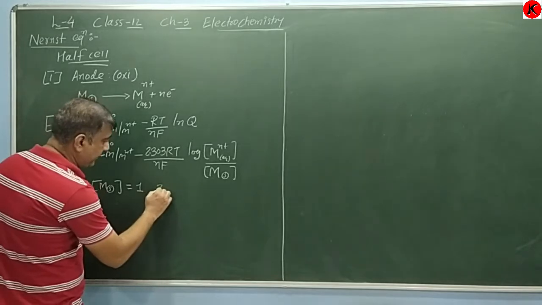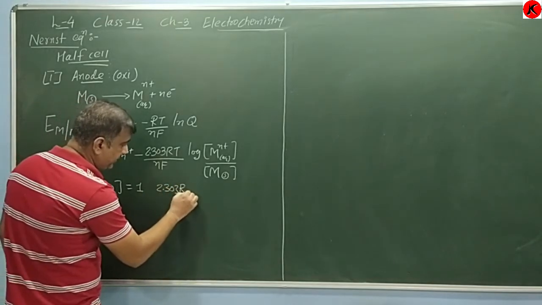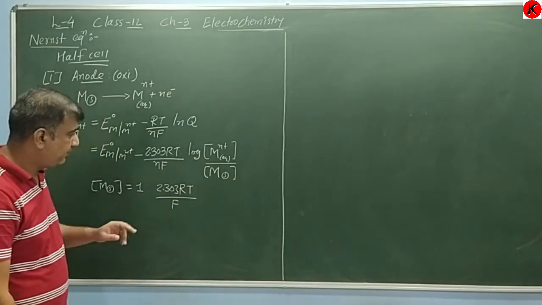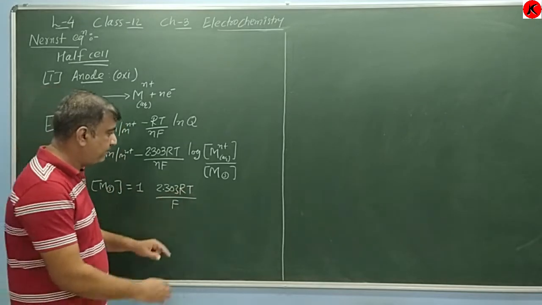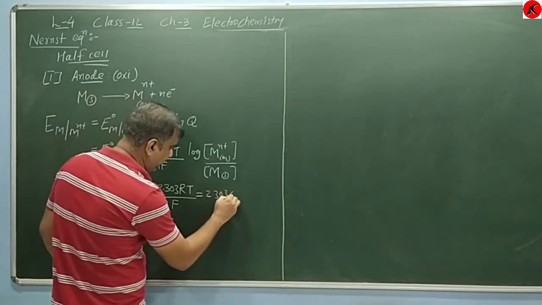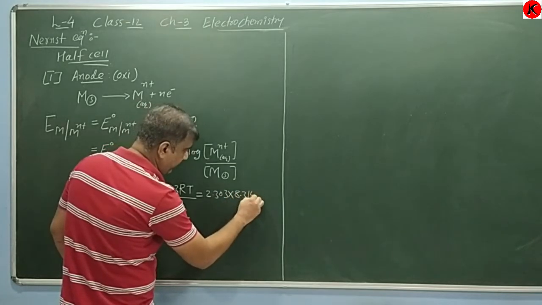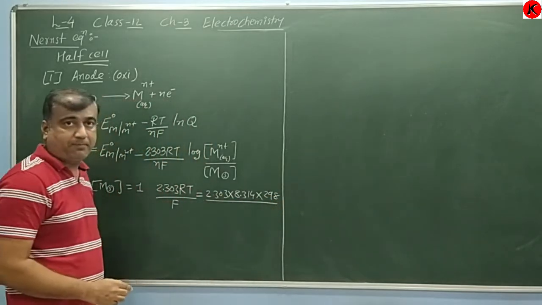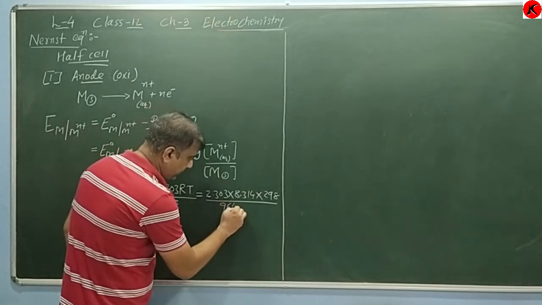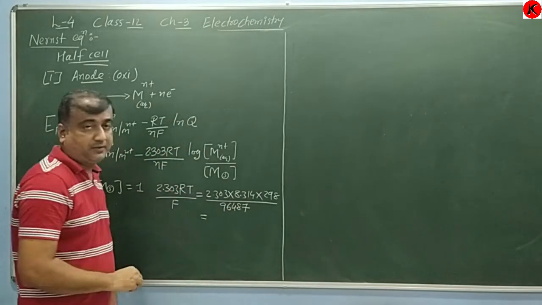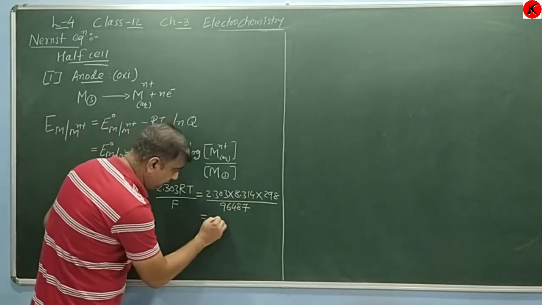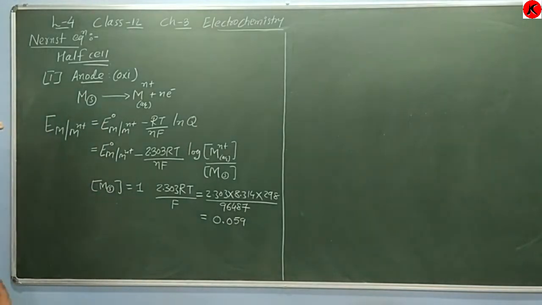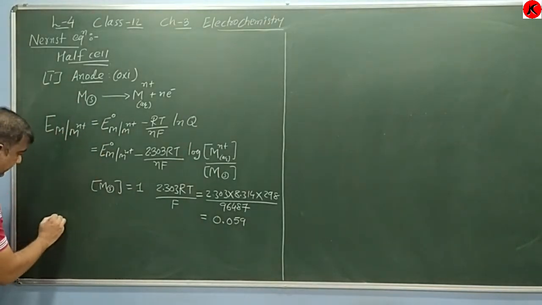Now we simplify 2.303 RT by F. R is 8.314 joule per mole Kelvin, temperature is 298 Kelvin, and F is the Faraday constant, 96487 coulomb. When simplified, it is 0.059.